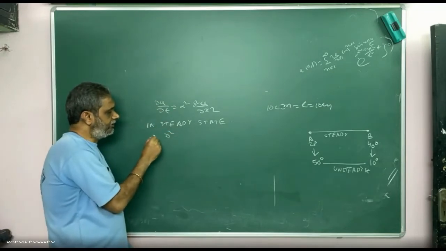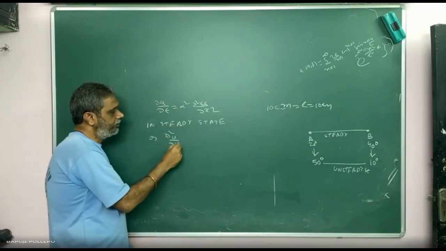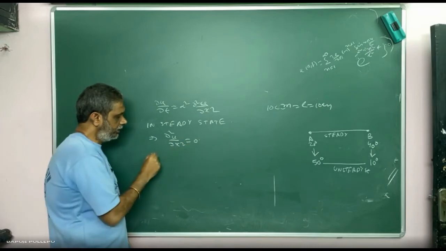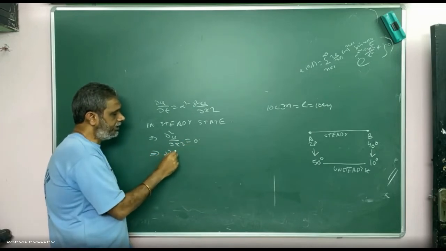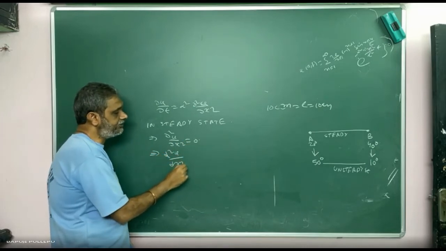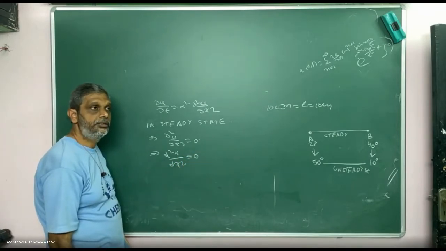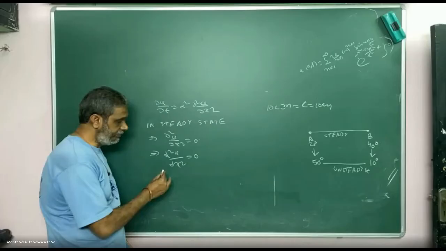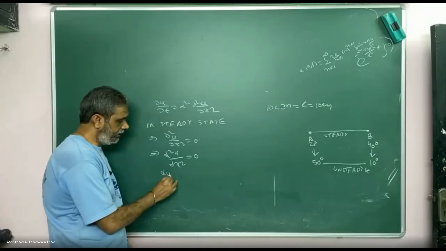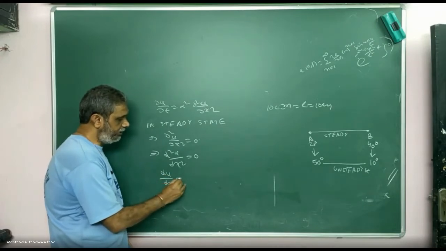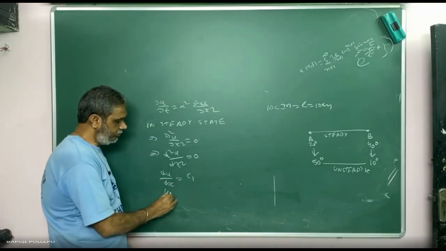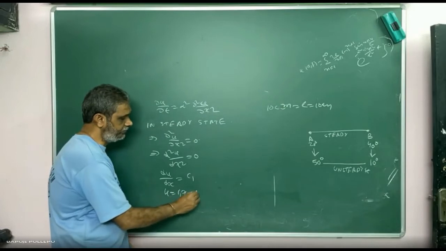Obviously it implies ∂²u/∂x² is equal to 0. That is, how can I write? d²u/dx² is equal to 0. Correct or not? Yes, sir. Then what does this become? Integrating on both sides, du/dx is equal to c1, then u is equal to c1x plus c2.